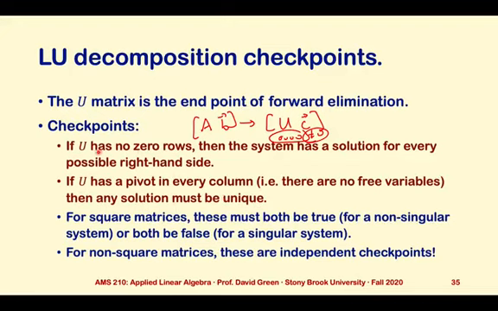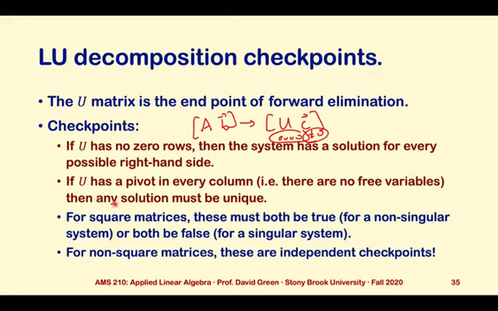Putting this together, if we have no zero rows and a pivot in every column, we have a unique solution for every right-hand side. This characterizes a non-singular square system. If a square matrix has no zero rows and a pivot in every column, it's non-singular.